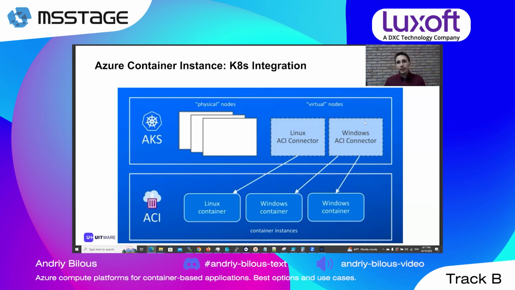To create the node, it's a bit time-consuming. Time-consuming, I mean, it could be a couple of minutes to do that, but we need it faster. To do it faster, we connect these virtual nodes in Kubernetes, and this is the container instances.